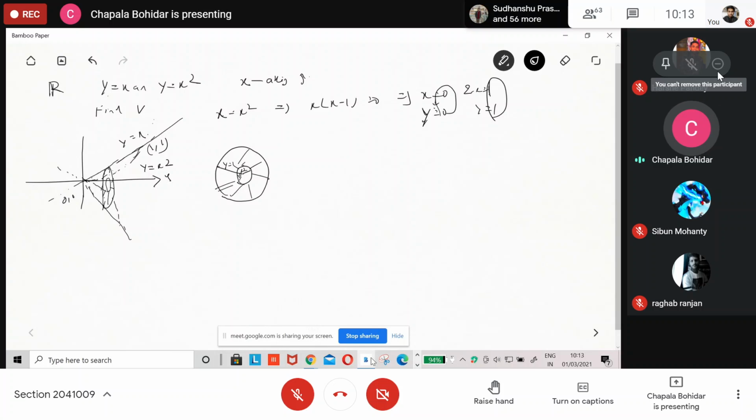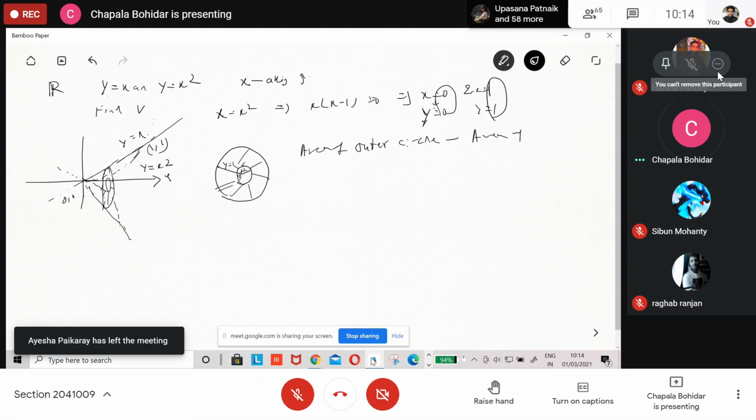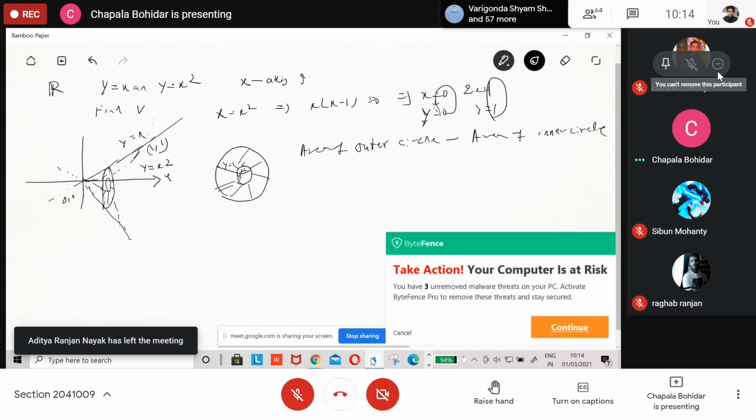First, find the area of the outer circle, then subtract the area of the inner circle. Then you get the area of this region.